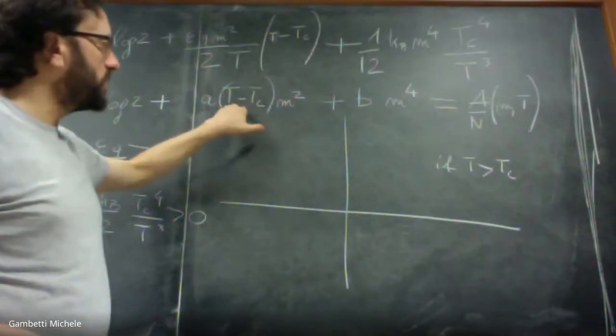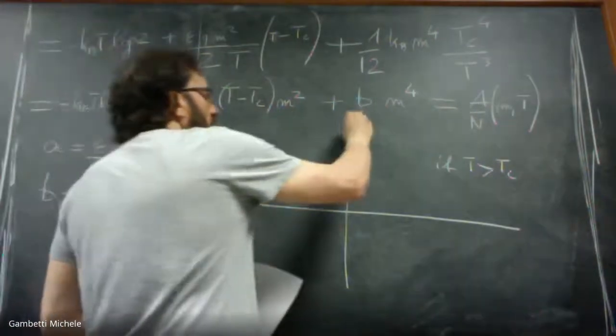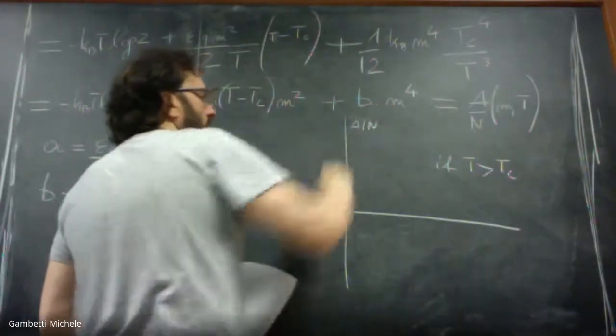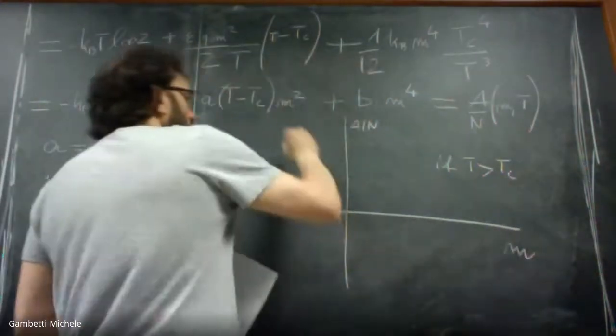So this is positive and this is positive, and therefore the plot of A divided by N as a function of m will be something like this.